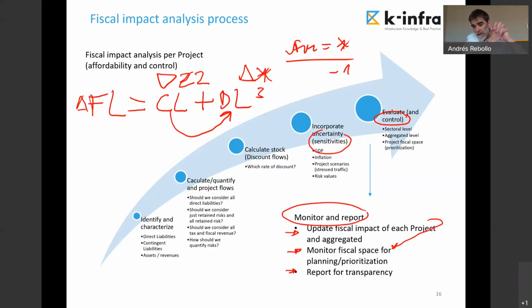There are some PPP contracts where the government accepts a commitment to pay any outstanding debt, for example. It could be bondholders, or it could be a loan, but it's not always the case.